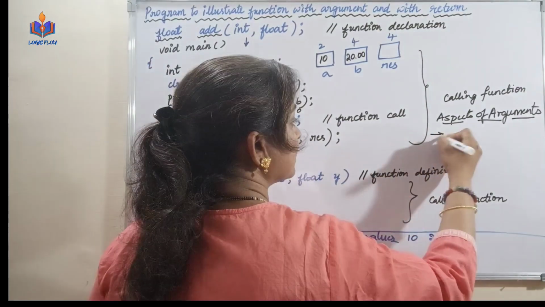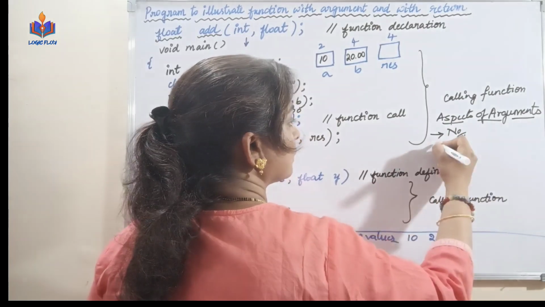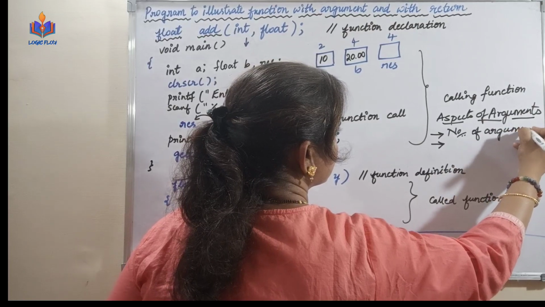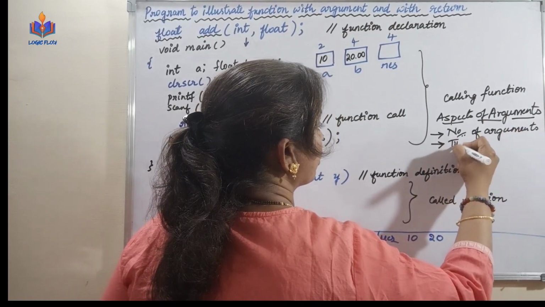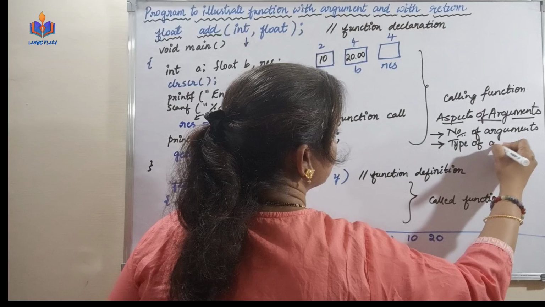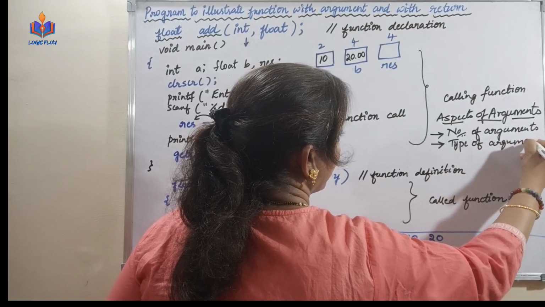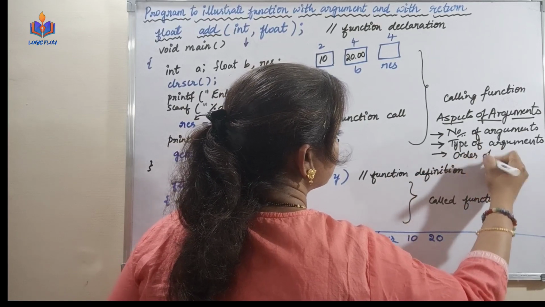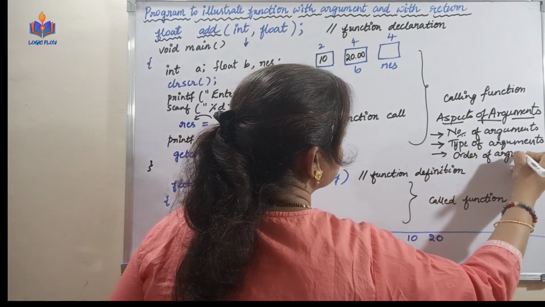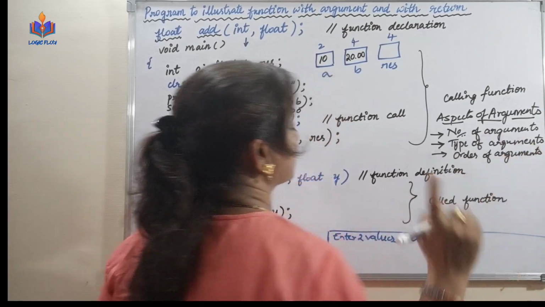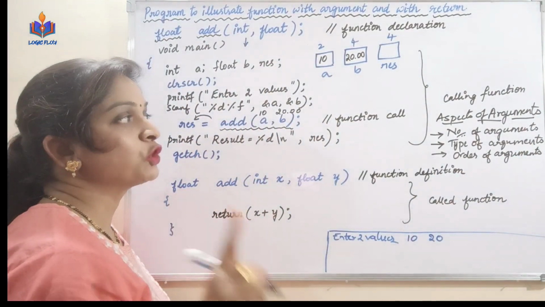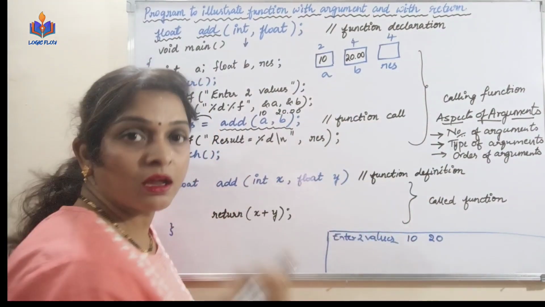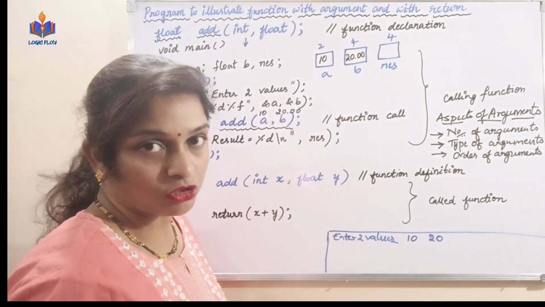One is the number of arguments, the other one is the type of arguments, and finally the order of arguments. These three things are most essential for the compiler to check. This is with respect to the arguments. Number of arguments, type of arguments, and order of the arguments.